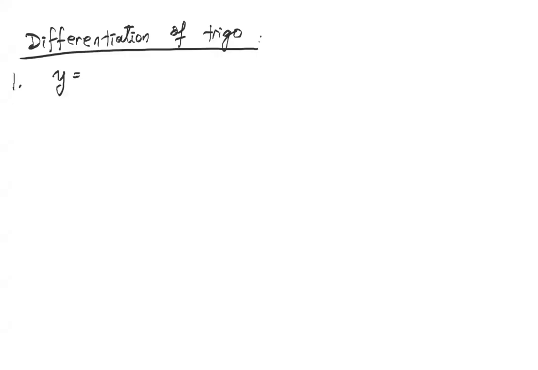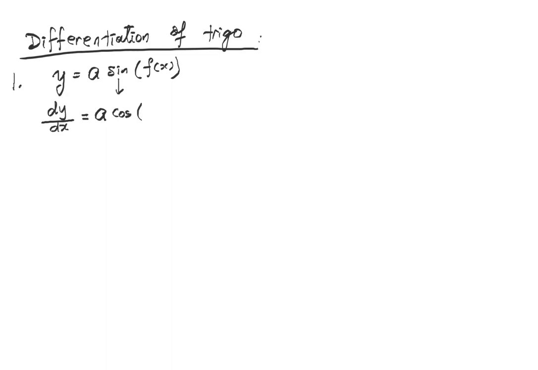If I give you a function, a number times sin of an angle, when I differentiate, the formula will be: you differentiate sin, you get cos.